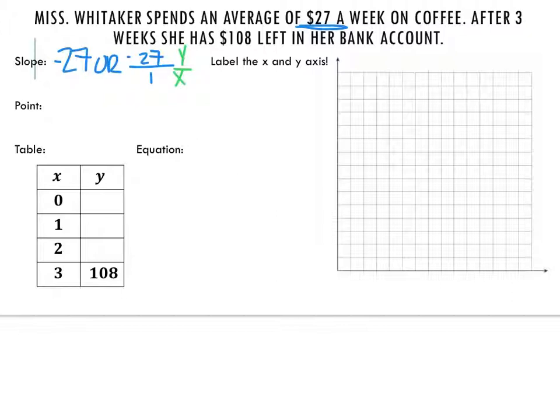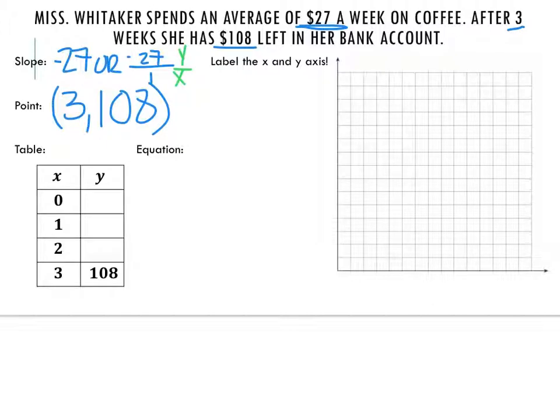If I lose $27, that means dollars is my y. And if I do that every week, that means week is my x. And so my point is after 3 weeks, I have this much left in my bank account. That's my point.